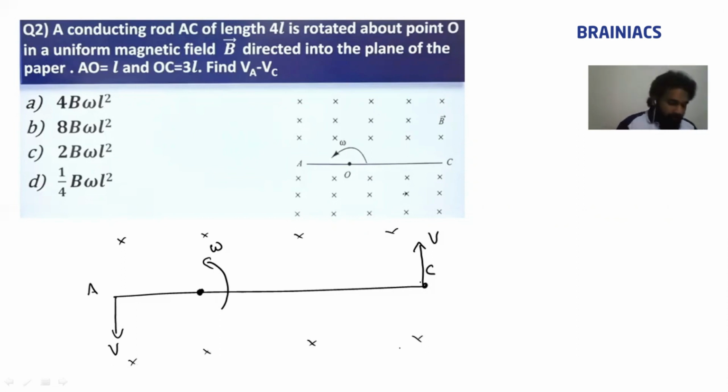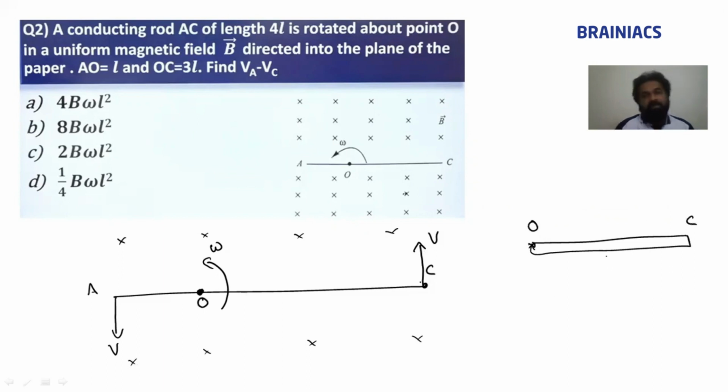Suppose this is the hinge O. From O to C, this is one segment, moving upwards, with velocity and magnetic field. The length of OC is actually 3L.